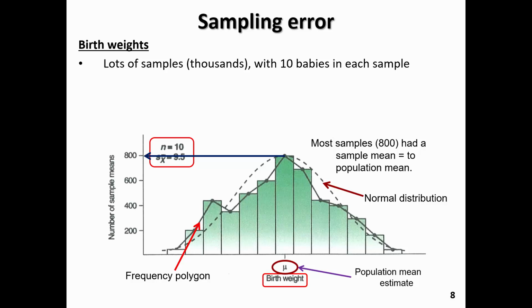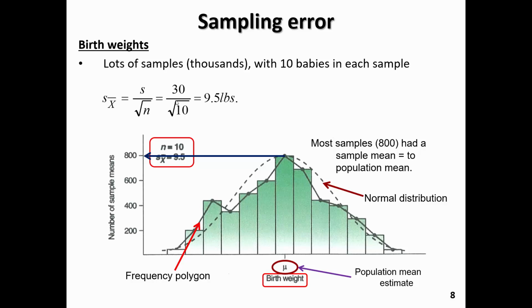And we took thousands upon thousands of these samples. This is obscured by this arrow here, but this symbol is the sample standard error of the mean, and that gives us a value of 9.5. The way we found that is we simply took the standard deviation of a given sample. If we randomly picked one of these samples of 10 babies, we might find the sample standard deviation to be 30, for example.